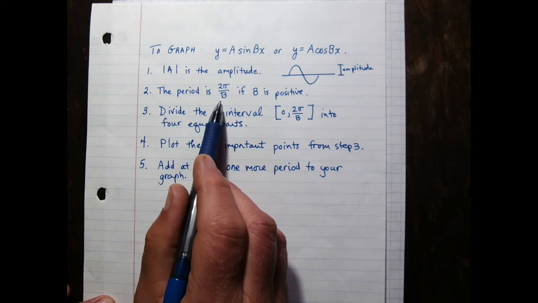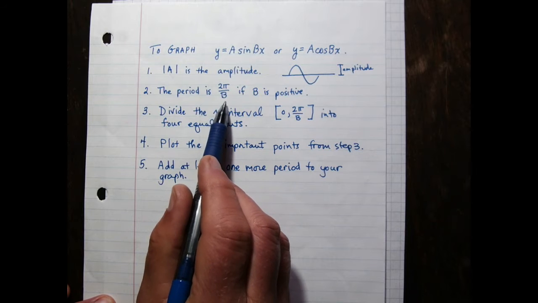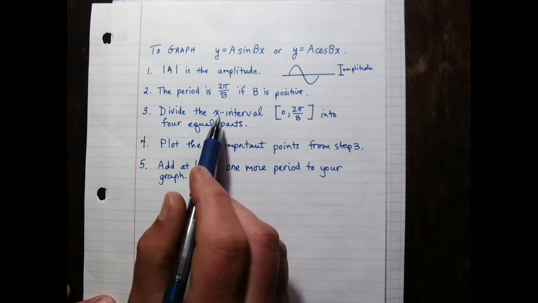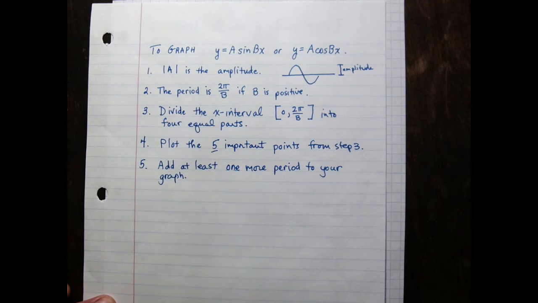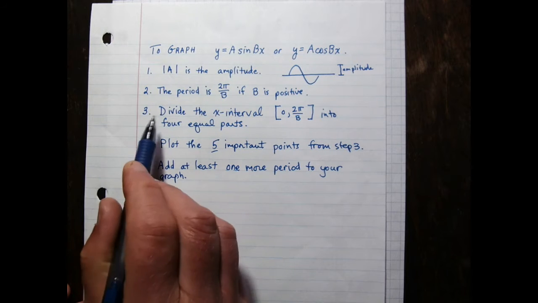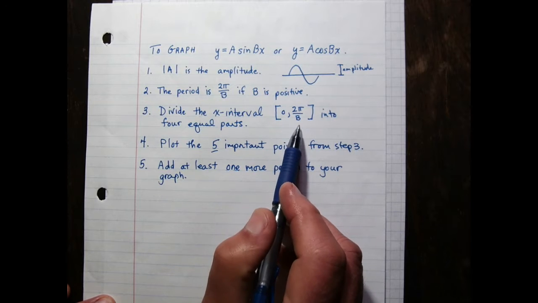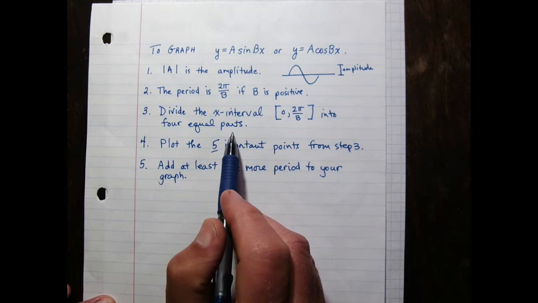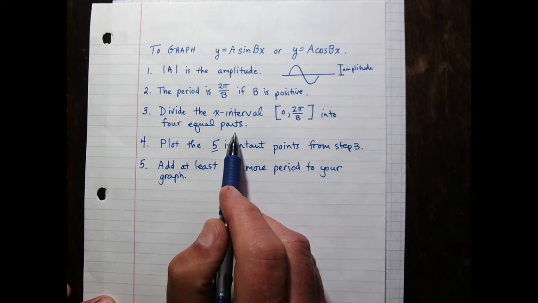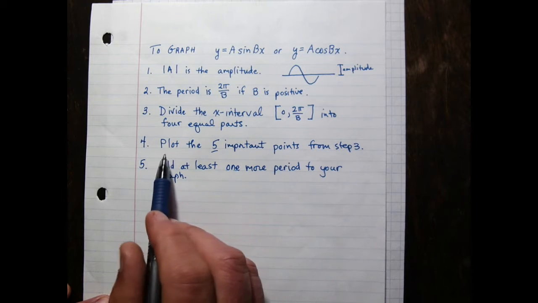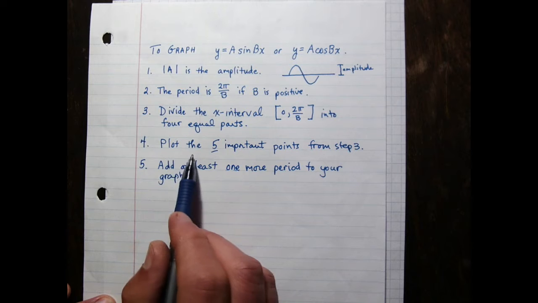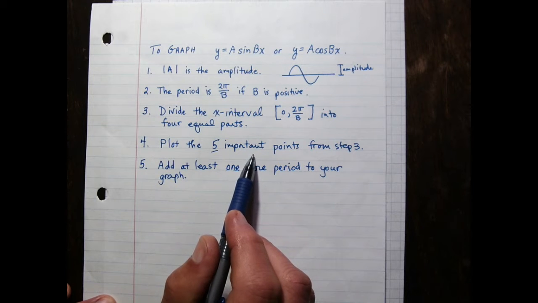Now you can use this formula, or you could set up an inequality if you prefer that way of finding the period. Number 3, divide the x intervals from 0 to 2 pi over b into 4 equal parts. We've done that once, and we'll see how to do that again in the next couple examples. We're going to plot the 5 important points from step 3.